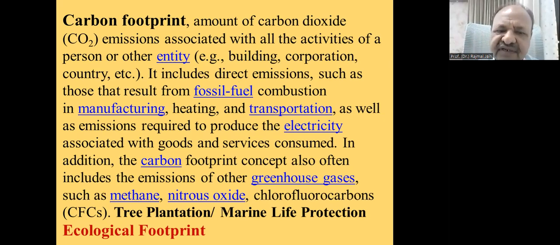But what we did: neither did we grow trees nor plants. Instead of afforestation, we did deforestation. And instead of protecting the lives in the ocean, we made the ocean itself an industry.